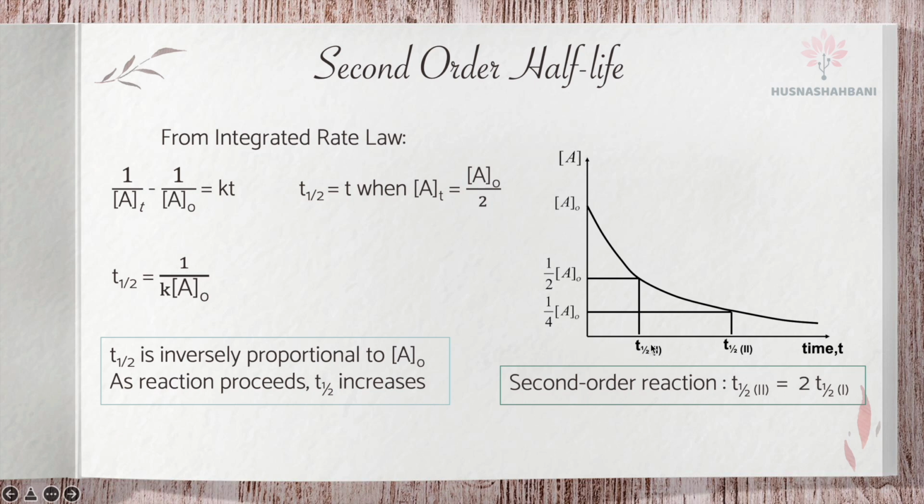For the first order, the first half-life equals the second half-life. But for the second order, the second half-life is double the first half-life. This is the second order reaction. That's how you determine the order of reaction, by looking at the half-life.